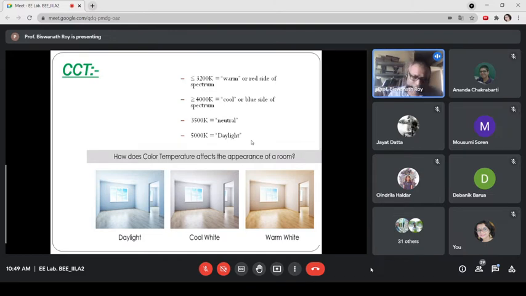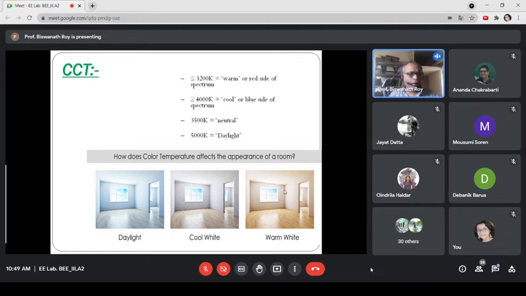So in this lab, two instruments are being used. One is to study the spectrum of radiation emitted by different lamps, or in short, the spectrum of different lamps, and another is a chromometer, which measures the CCT of the radiation of different lamps.